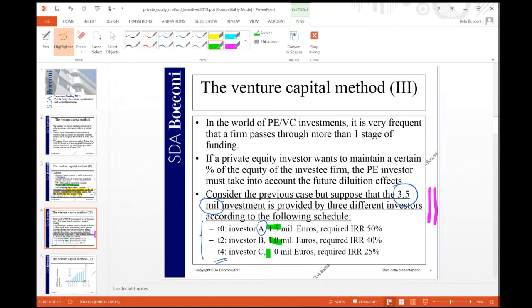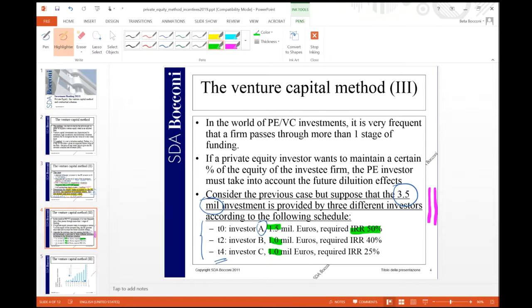You see them here. But I ask you, investor A, to provide only the first 1.5 million euros, for which I know that you require an internal rate of return of 50%, absolutely in line with our previous example.